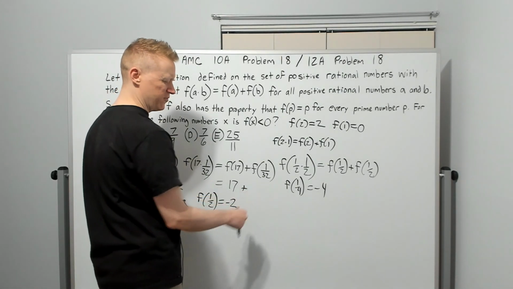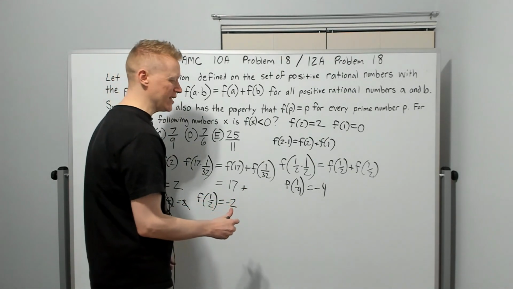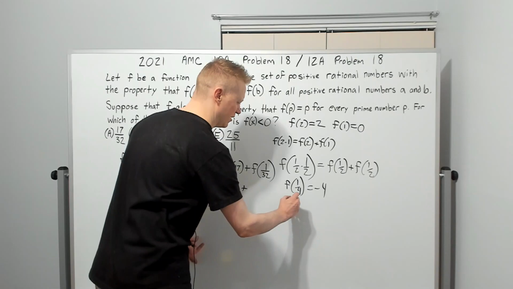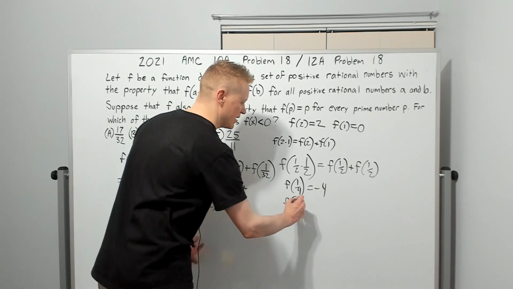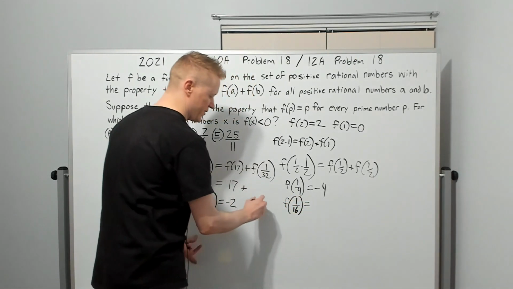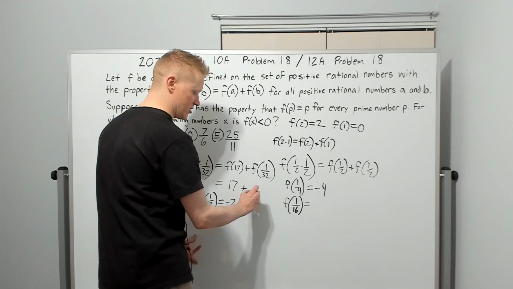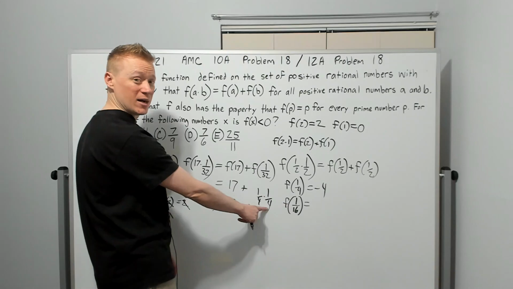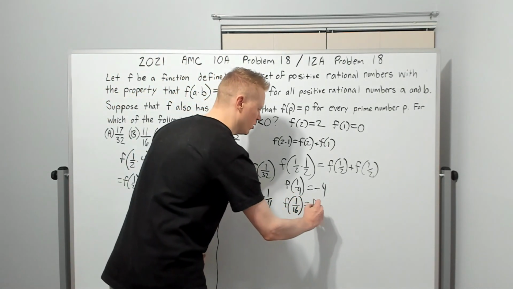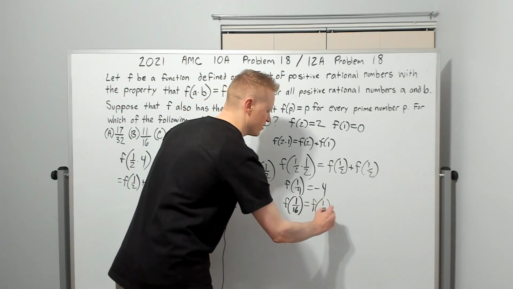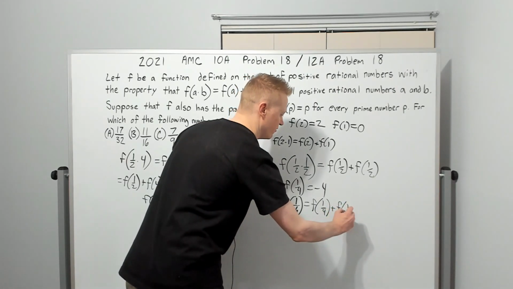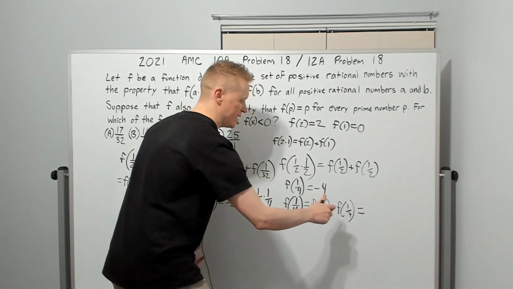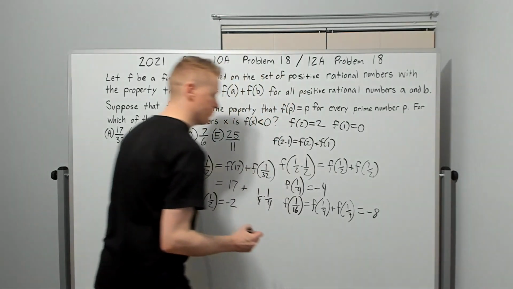Then we need 1/16, right? So f of 1/16 is going to equal, keep in mind that that is 1/4 times 1/4, right? This could be a and b right now. Then this will equal f of 1/4 plus f of 1/4. That's going to be -8. Okay, great.